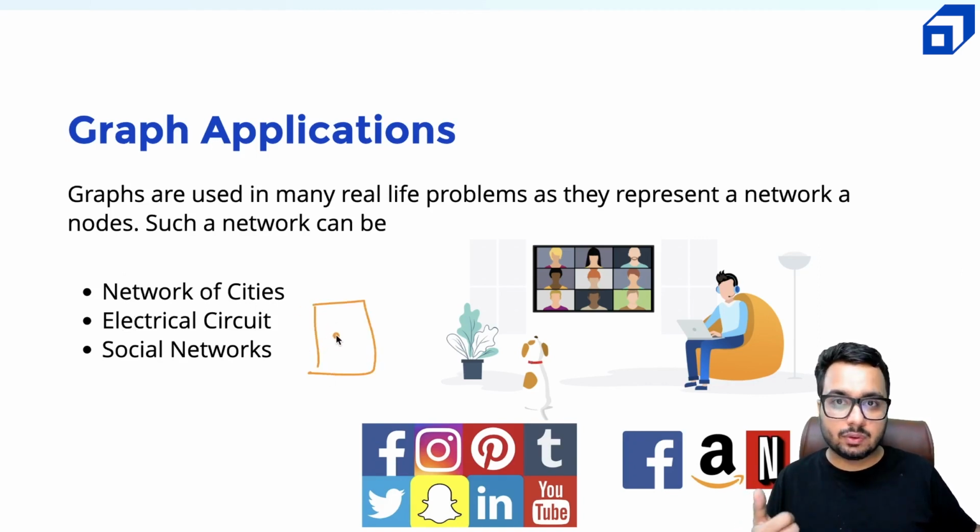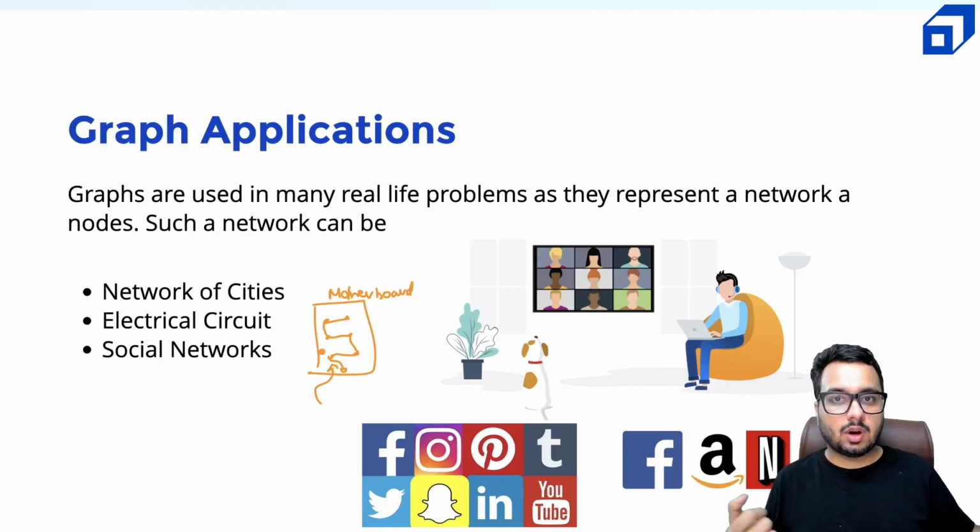When you use your mobile phones, it has something called a circuit. Okay, it has a motherboard on which you have certain elements, certain small embedded systems on it, and there is a wire connecting these elements. So it is possible that we want to find out the most optimal route for the wire so that we can reduce the cost.